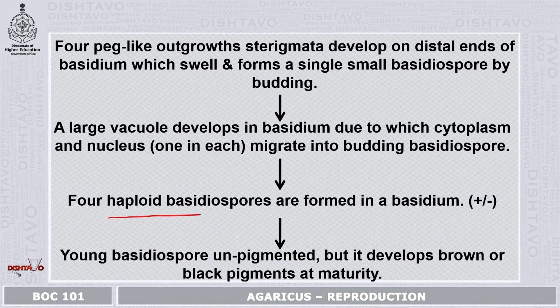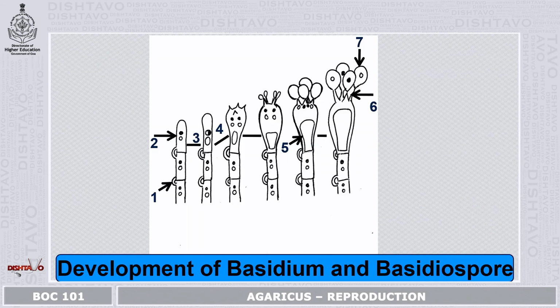And we get 4 basidiospores in each basidium, 2 of a plus strain and 2 of a negative strain. In the young condition, the basidiospore is unpigmented, but later on, it can change its color as it matures to a brown or black pigment.